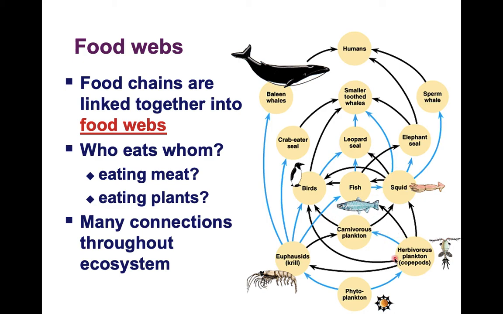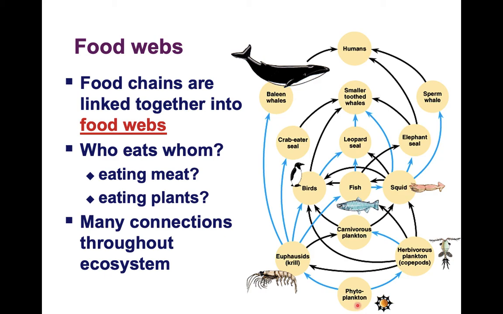So a food web, just like the word web means, right, it's many interconnections. So for example, here you see this plankton, and this plankton in this aquatic food chain is serving as food for many different organisms, right? So squid can feed on it, fish can feed on it, and carnivorous plankton can also feed on it, right? Now, if we look at the producer here in this food chain, who would the producer be? Well, the producer is the phytoplankton.